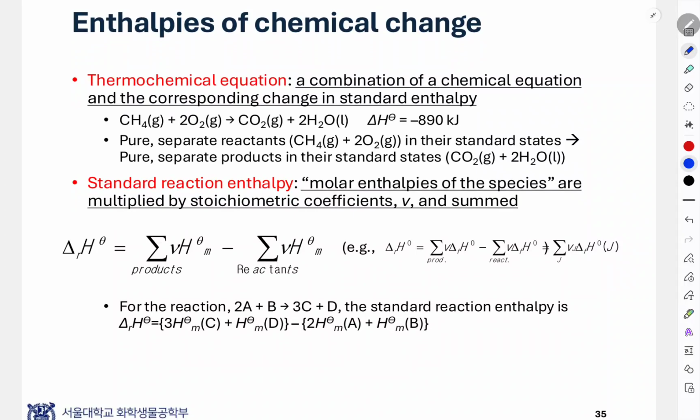Another way is the standard reaction enthalpy, in which the molar enthalpy of each species is multiplied by the stoichiometric coefficient nu and summed.